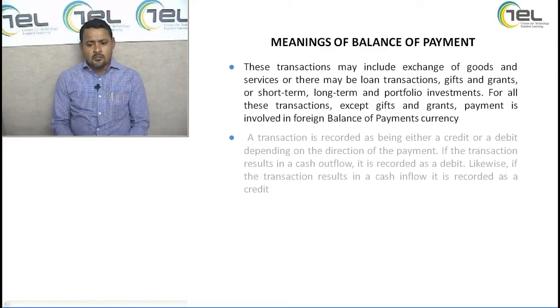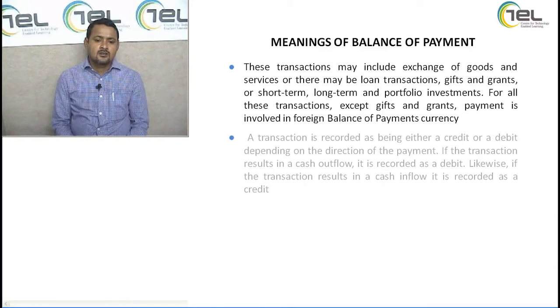These monetary transactions in terms of trade, imports and exports include exchange of goods and services, and at the same time they can also include various transactions which are unilateral in nature.